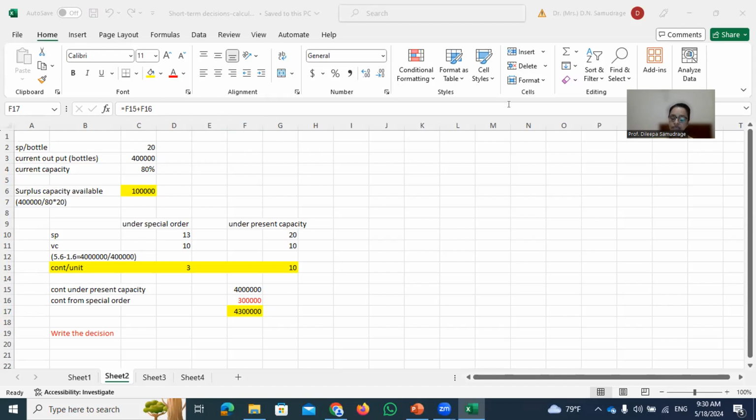So supervisory salary is a fixed cost. So sometimes you may need to hire a machine to do the special order, right? So that is also another fixed cost. So sometimes if you accept the special order, fixed cost may increase, right?